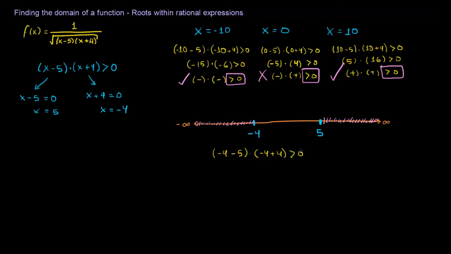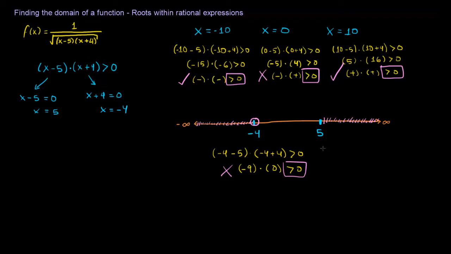Is this greater than 0? Well, this term will be negative 9, but with this one comes a problem because it will turn into a 0. Now, is this greater than 0? Well, it is not. We failed this test. In other words, we have to leave this negative 4 excluded, just like this, with an uncolored circle.